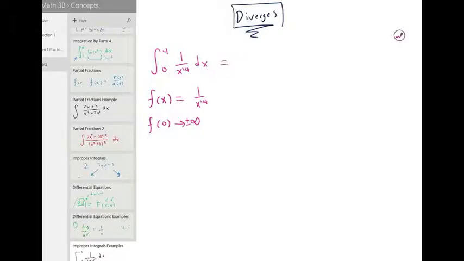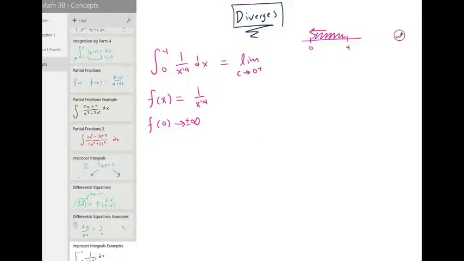So we need to rewrite this as the limit as, let's say, c approaches 0, and we're coming from the right side, because on this interval from 4 to 0, the right side of 0 is on the interval.